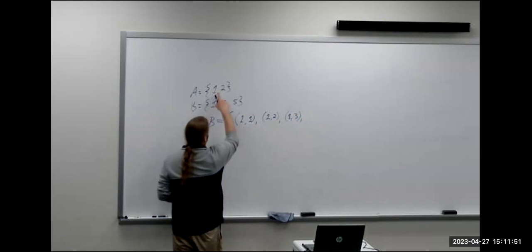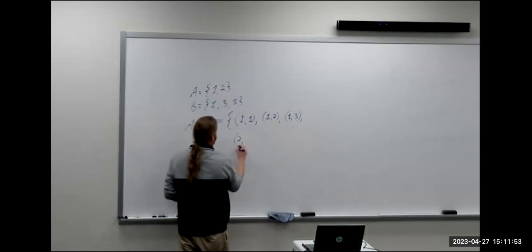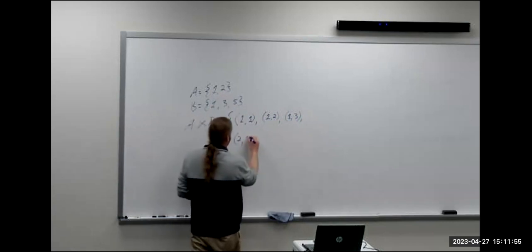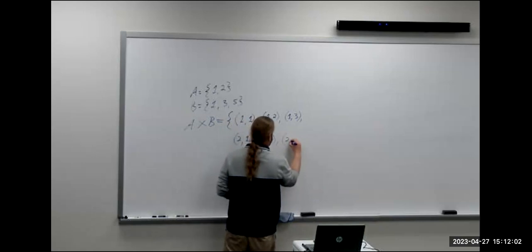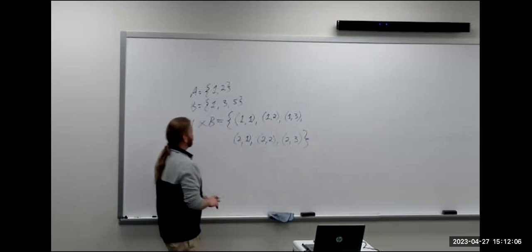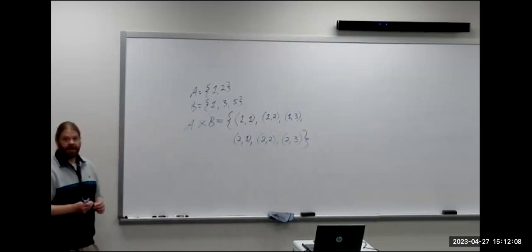Or we could have a 2 from the first set and a 1 from the second set, or a 2 from the first set and a 3 from the second set, or a 2 and a 5. So it gives us every possible combination.